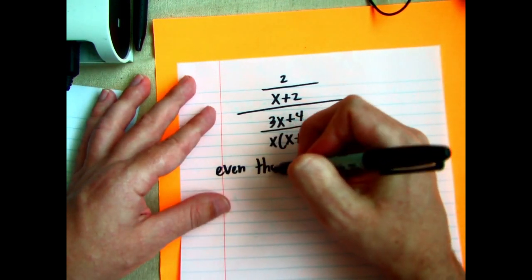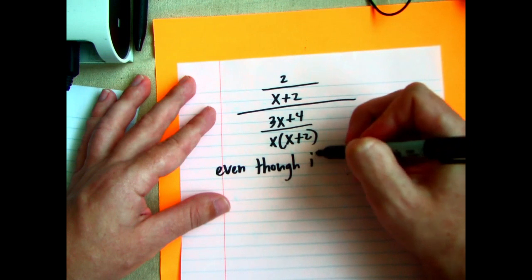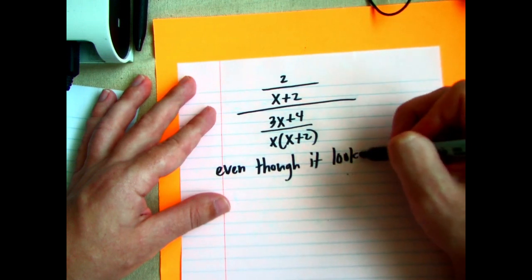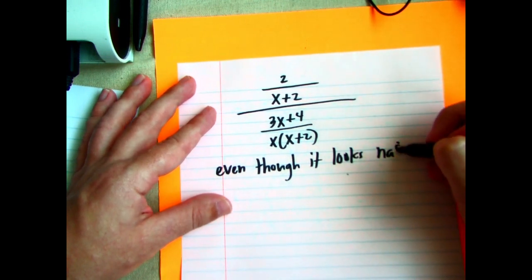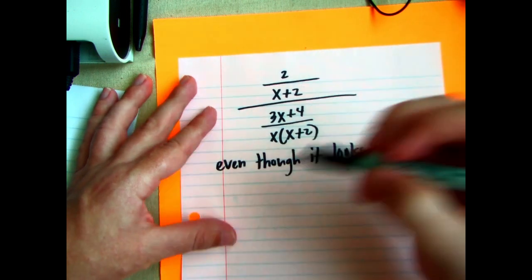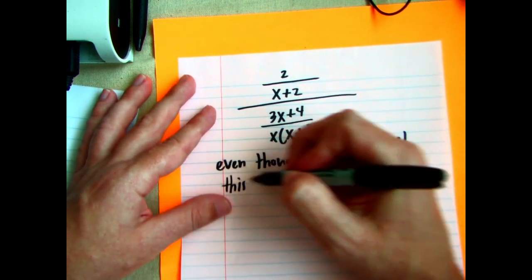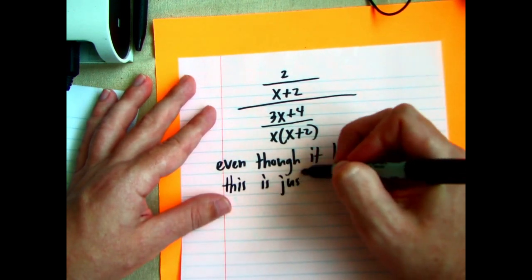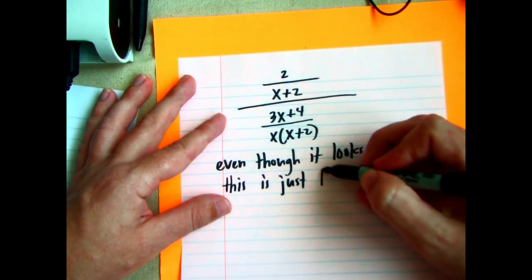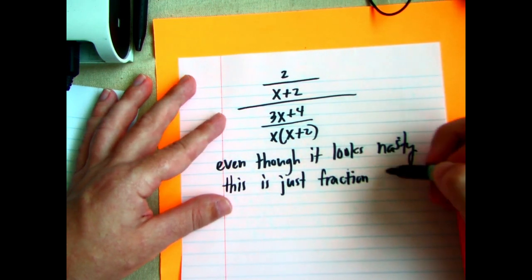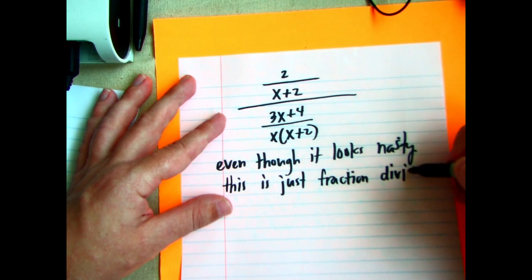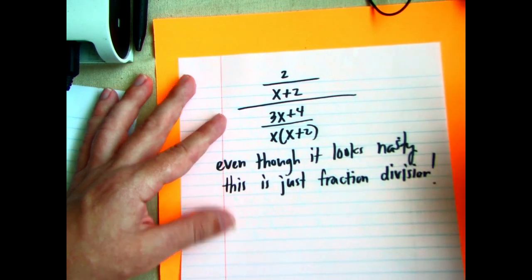Because remember what those fraction bars represent. Those fraction bars represent division. So really what I have is the top fraction divided by the bottom fraction. And we've done fraction division before.